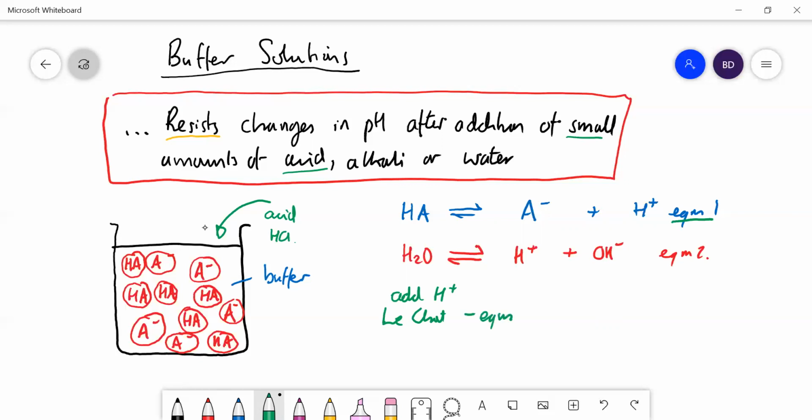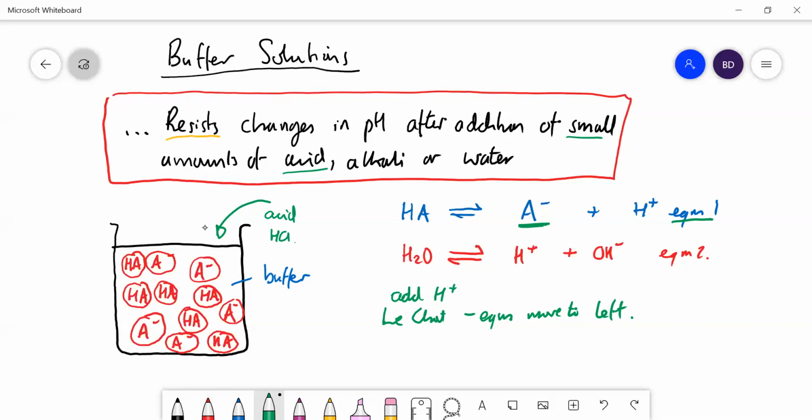Equilibrium 1 will move to the left. So that means the concentration of H plus ions will not increase very much. In order for this to move to the left, you need plenty of A minus. So that's why you need lots of A minus. If you add a bit of acid, the A minus reacts with the H plus and mops it up and stops the concentration of H plus getting too high.